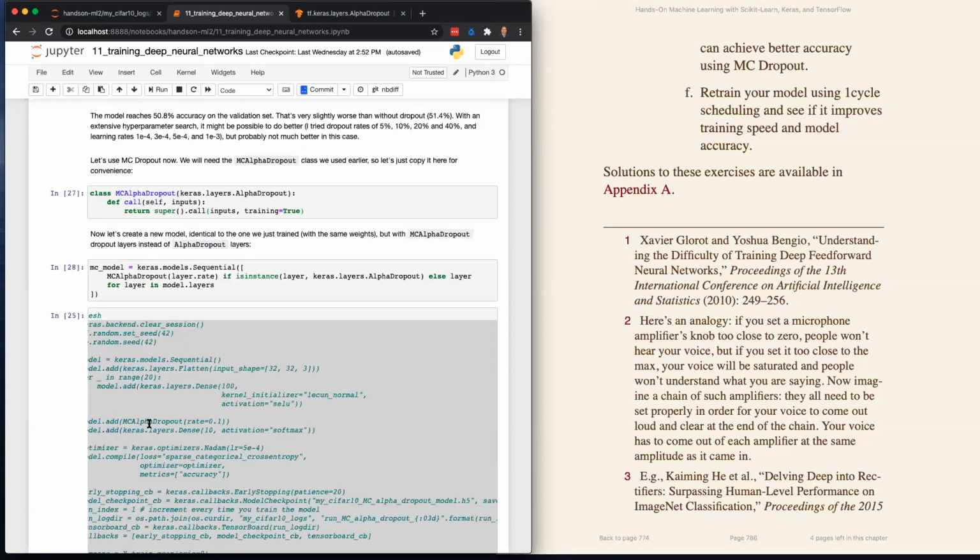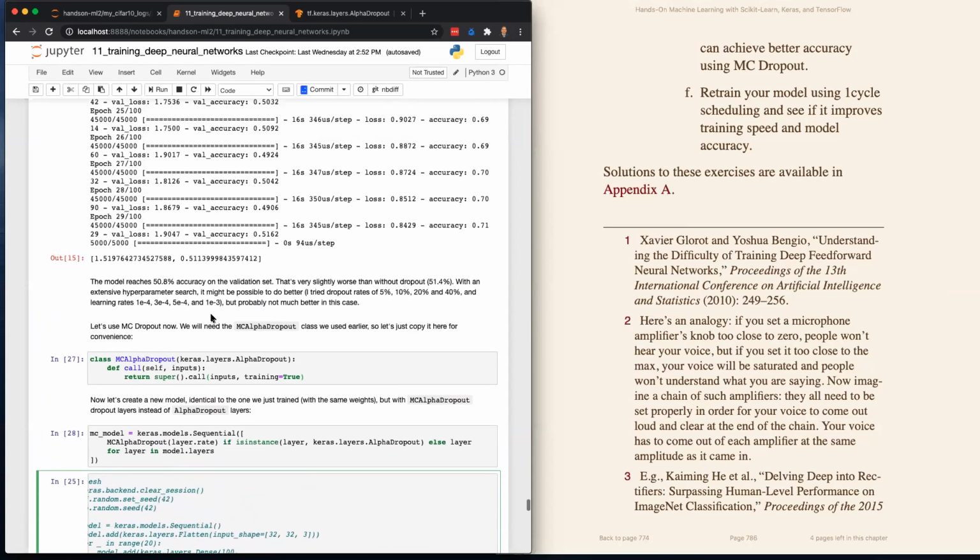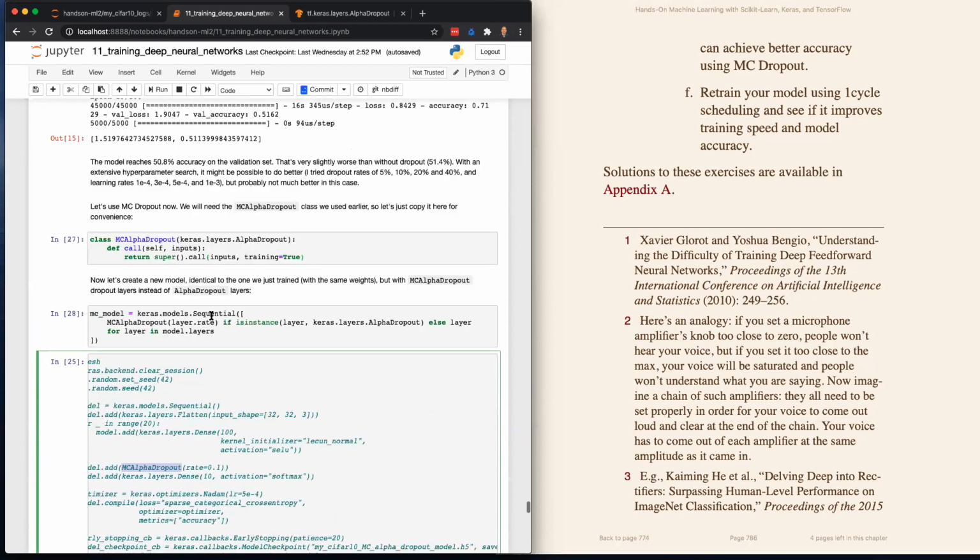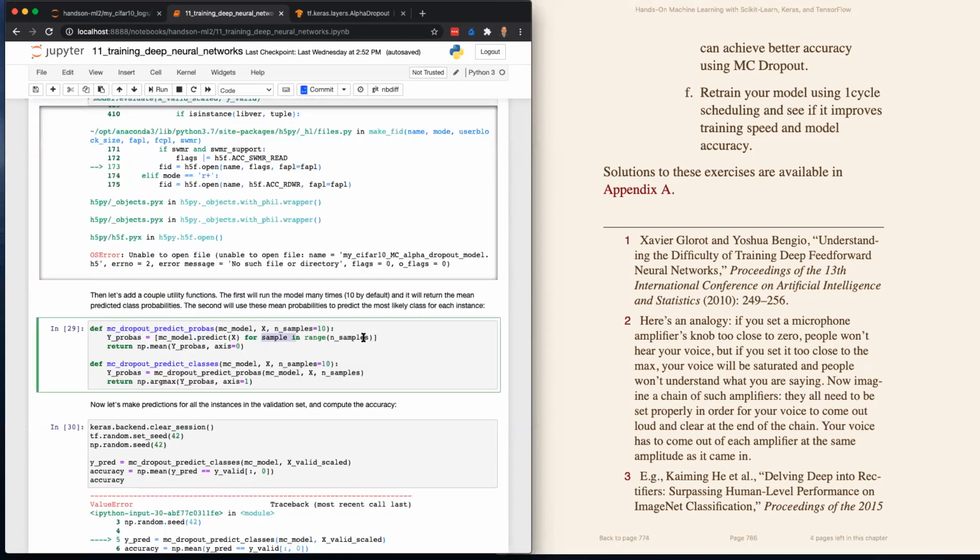My knowledge is quite limited in this, but I think there is no difference between MC dropout and normal dropout during training time. MC dropout is just when you additionally do it at testing time as well. Yeah, that makes sense. However, here he says sample in a range of n sample. When we are doing inference, we pass X. What is the sample? I don't think it's badly named.